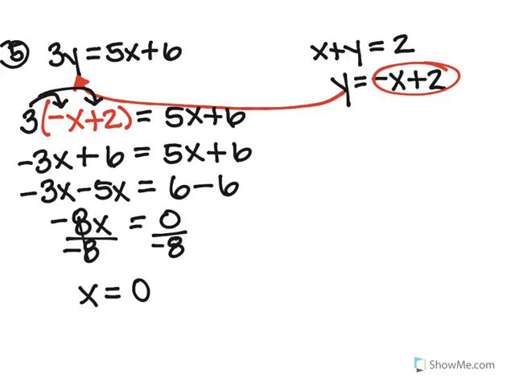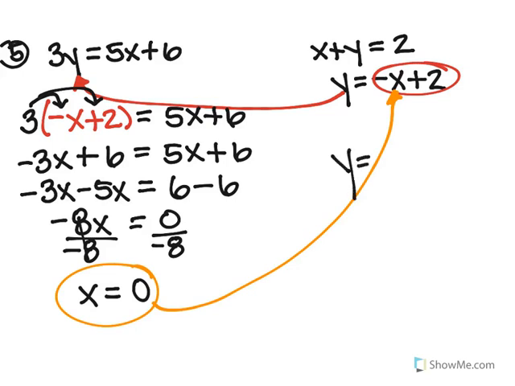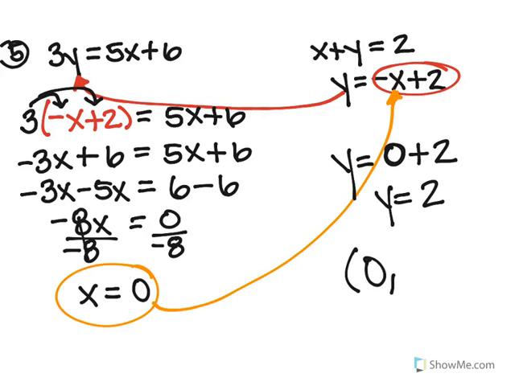So that's our x. We're going to take 0 and plug it in to the second equation. And if you plug in a 0 where x is, you get y to be just 2. So our ordered pair would be 0, 2. It's our point of intersection.